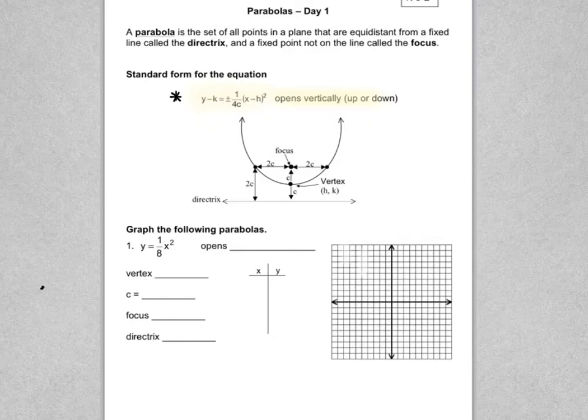Like I said, it's better really to remember it than depend on the card, because some of you will probably forget your card. But what we haven't looked at before, the way we saw it when we did it before, was y equals a times x minus h squared plus k. Well, that's different than this form.